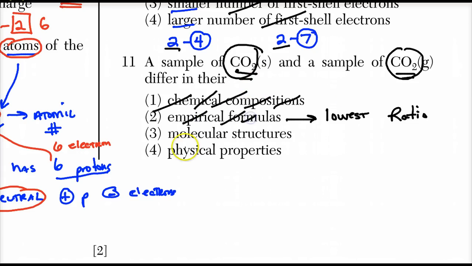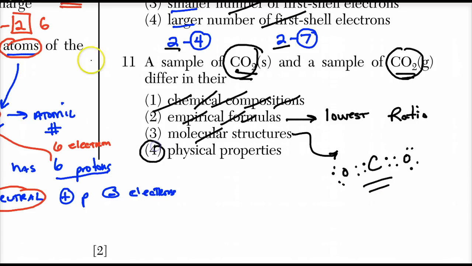They also have the same molecular structures. Now, why is this a molecular? Because this is a carbon and an oxygen, both nonmetals, and this is showing a molecular compound, a molecular structure. So they have the same exact molecular formulas or structures. Now, if you're not sure what the structure is, remember it's carbon dioxide, double bonds with an O, and it double bonds with another O. What's different is how they attract each other. They have different physical properties, and you should know that when you have different phases, this is a physical change.